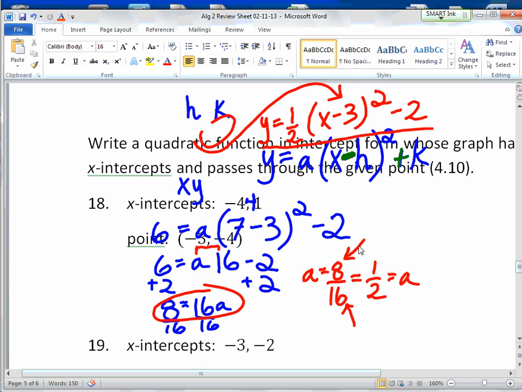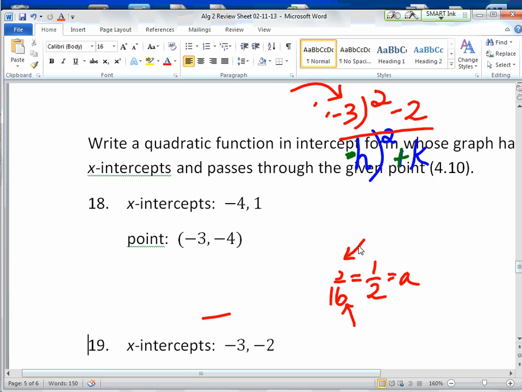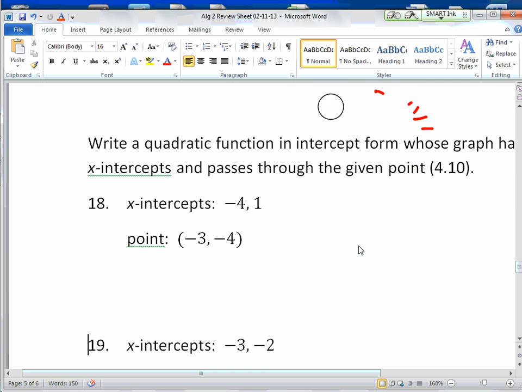Okay, now they're asking us a slightly different question, so it'll be important that you understand the difference between what these two groups of questions are asking. So you need to know that vertex form means one thing, it means y equals a times x minus h squared plus k.